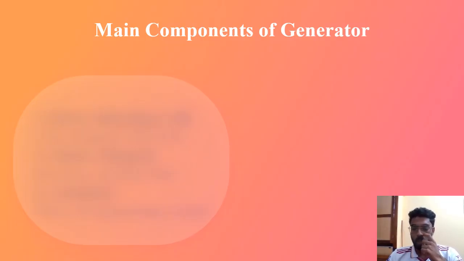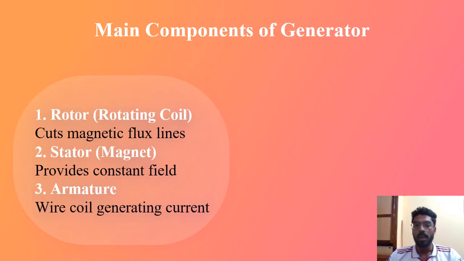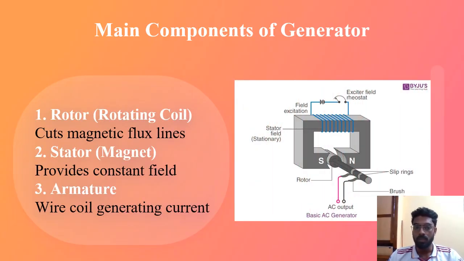So what are the main components of this electric generator? We have a rotor, which cuts the magnetic flux lines, a stator, that is a magnet, and an armature. So there are three major components: rotor, stator and armature. The rotor is the rotating part, and it is placed in between the magnets.